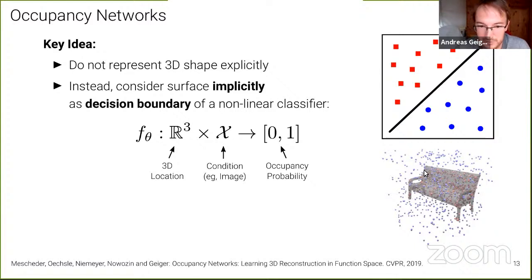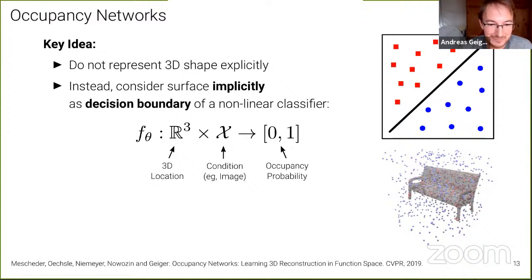The bench surface is the decision boundary of a nonlinear classifier that tries to separate the red points inside from the blue points outside. You can think of these red and blue points as training points where the classifier is trained to separate them. And the gray surface is the decision boundary that optimally separates blue from red, right? And this separation is learned conditioned on a particular input, like the image that we've seen in the beginning.